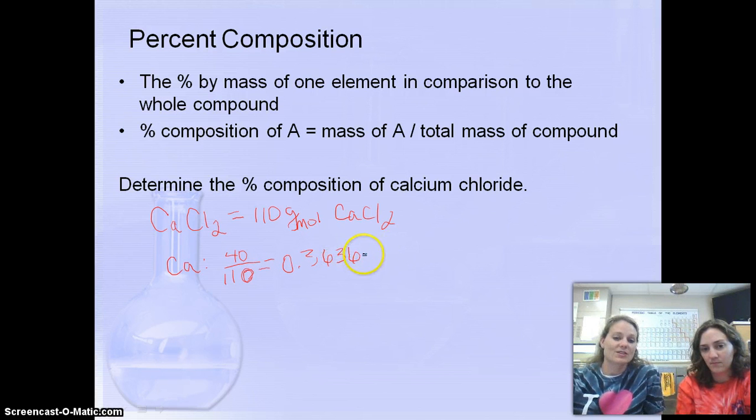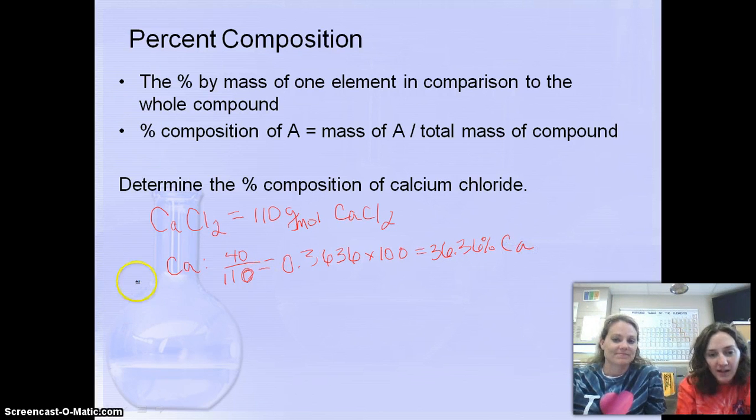Now, if it's a percentage, we have to multiply by 100, or in your head, you can move your decimal 2 spaces to the right. We have 36.36.